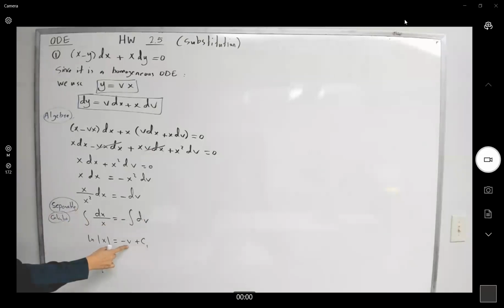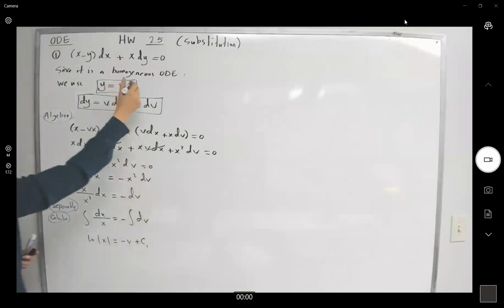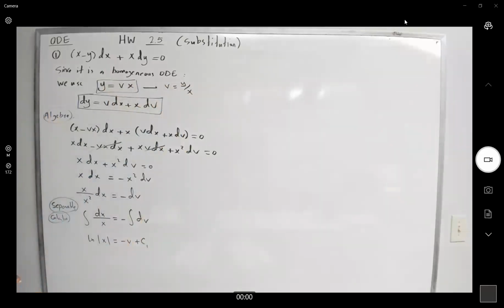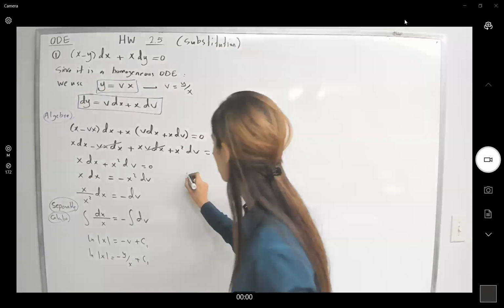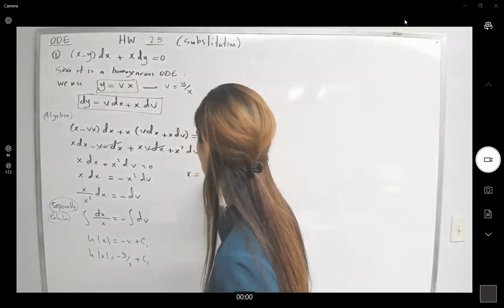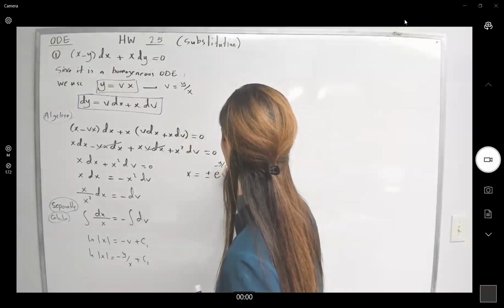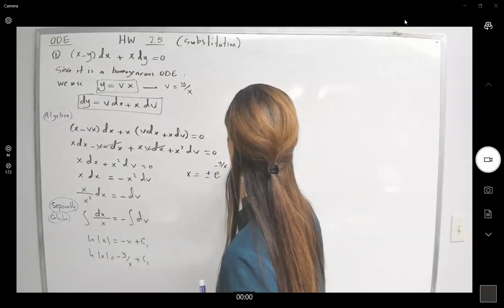Again, remember that your v needs to be substituted back because v is equal to y over x. So what do we have? We have ln of absolute value of x equals negative y over x plus c sub 1. Using the definition of ln, your x becomes plus minus e to the power negative y over x times e to c sub 1.